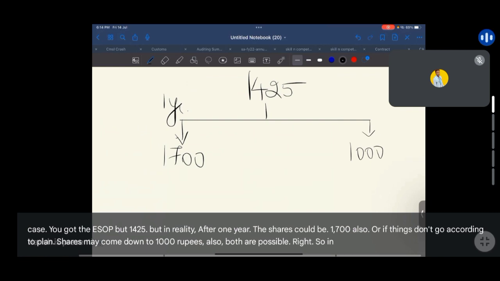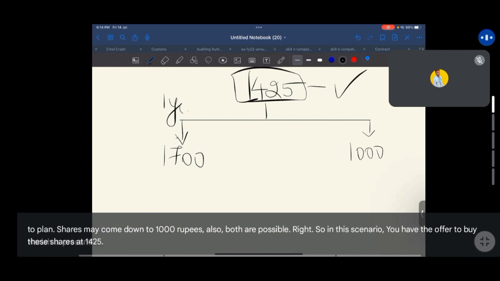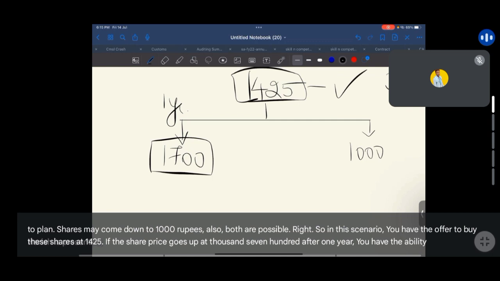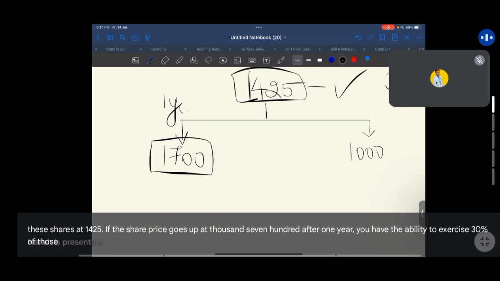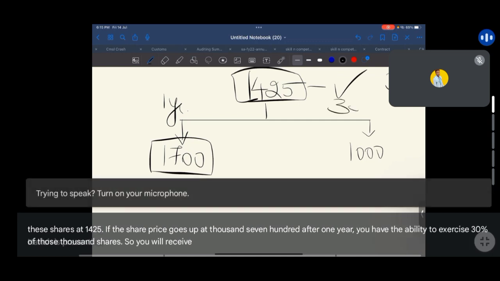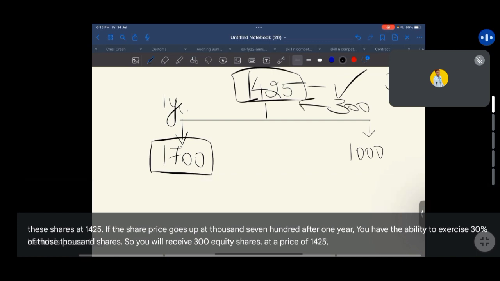So in this scenario, you have the offer to buy these shares at 1425. If the share price goes up to 1,700 after 1 year, you have the ability to exercise 30% of those 1,000 shares. So you will receive 300 equity shares at a price of 1425 after 1 year.